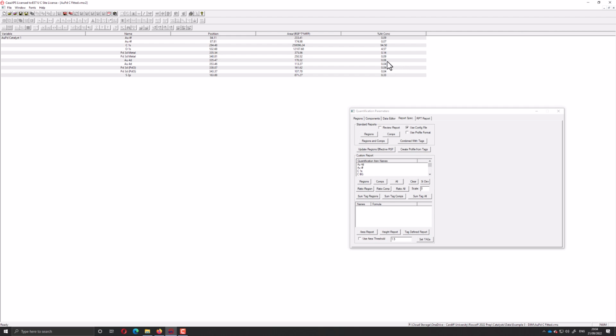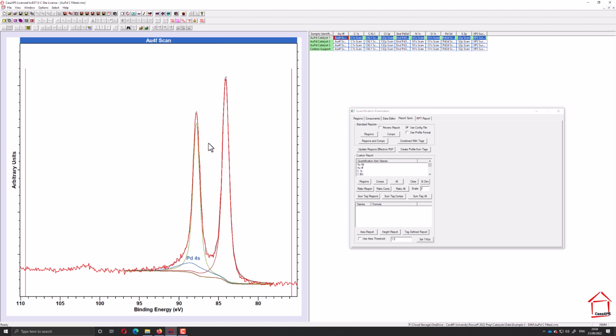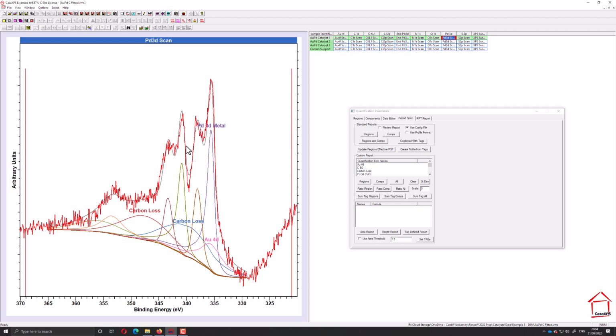It could say that, okay, we do have large uncertainty, so our quantification of the gold is perhaps better on the 4F than the 4D in this case, because if we go back to our spectra, we've got quite well defined spectra here, but the gold is probably somewhat more problematic to pull out because we have a higher degree of uncertainty as it sits amongst the loss structure, and will probably be affected more so by the background.